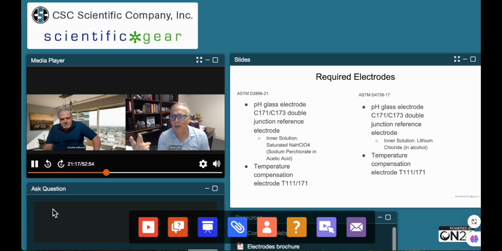You'd have to have a different burette for your titrant, but you'd have the right electrode, right? Right. Cool. Temperature compensation electrode, pretty standard fare on both of those. So that's what we need for electrodes. So I hope that was fairly straightforward on that. Let's go into our next slide, shall we?